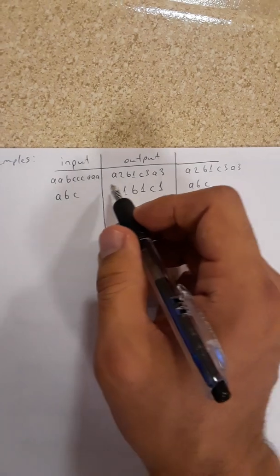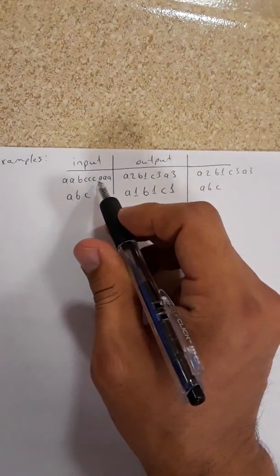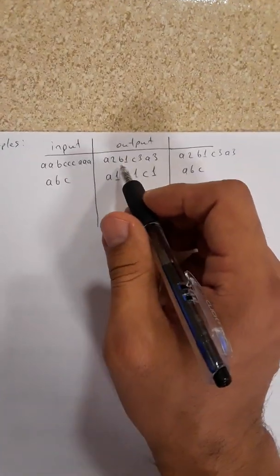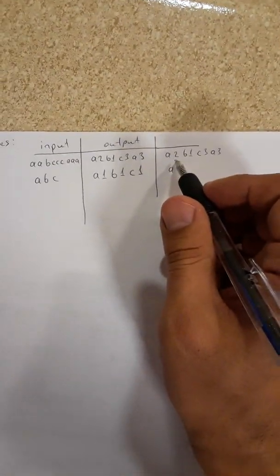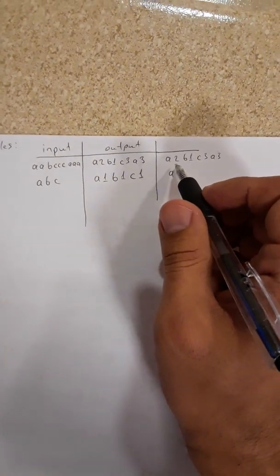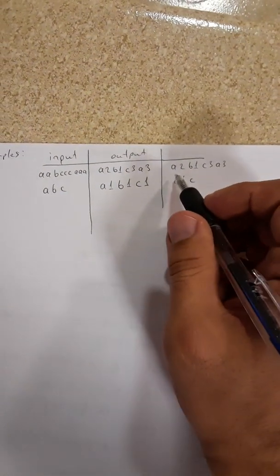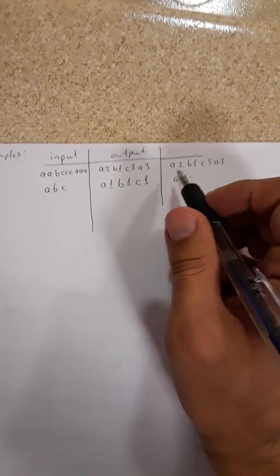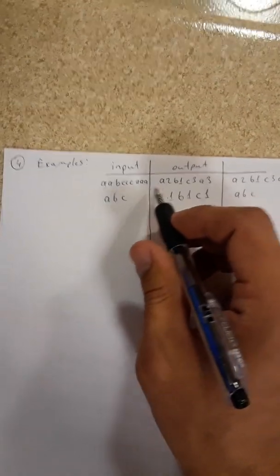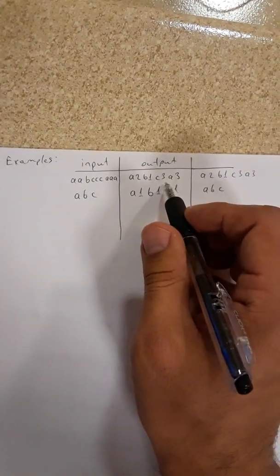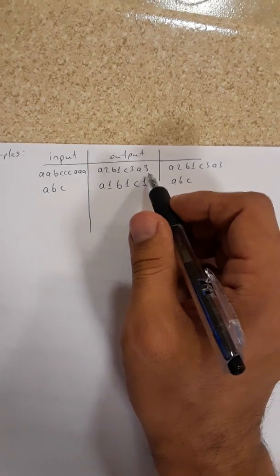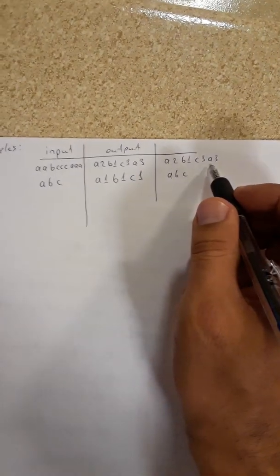And at the end we also need to compare the length of the input string and the output string, and return at the end of the function the string whose length will be smallest. So in this case the output string length is smaller, that's why we're returning this one.